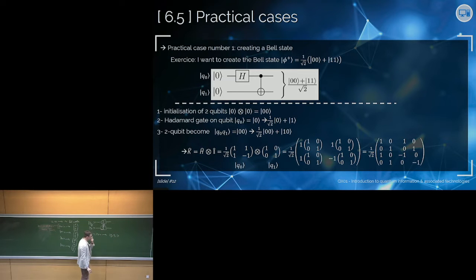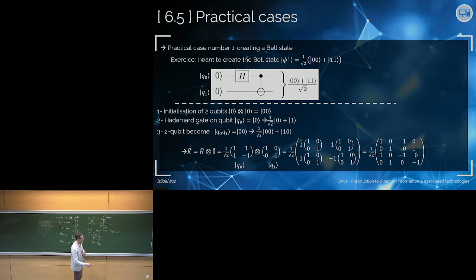Then I apply the operator, which I can call K, where K would be the tensor product of H and the identity. So again, this is on qubit Q0, and this is on qubit Q1.